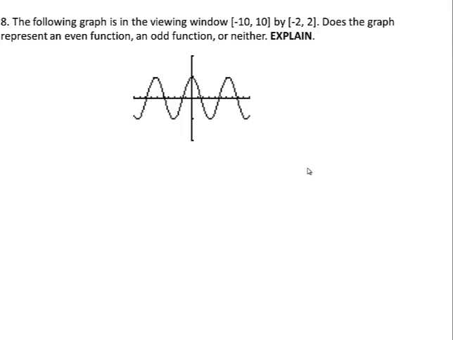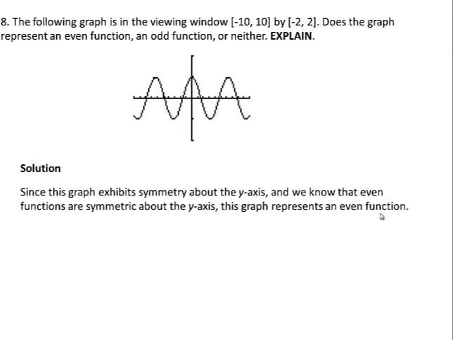If I were to print this out on paper and fold it right along the y-axis, what's over here would match up perfectly with what I see over here. So since I see the graph is symmetric about the y-axis, and we know that even functions are symmetric about the y-axis, this graph represents an even function.